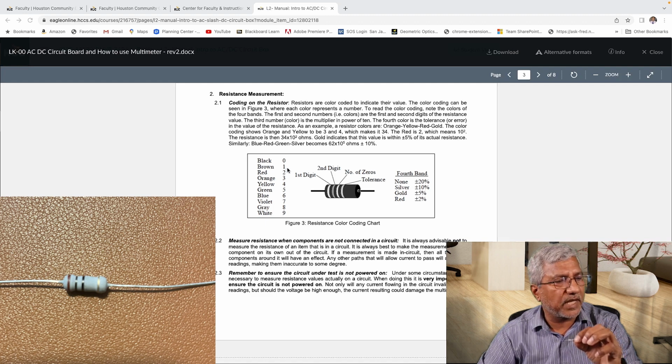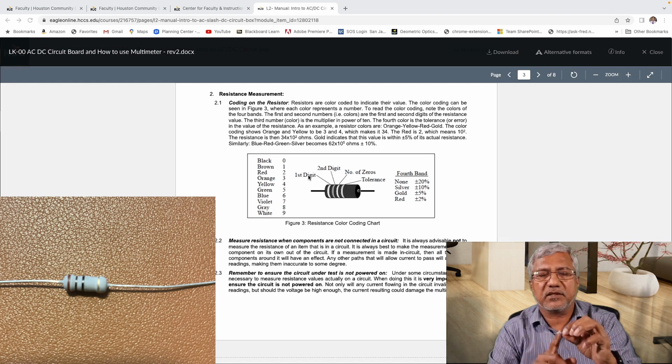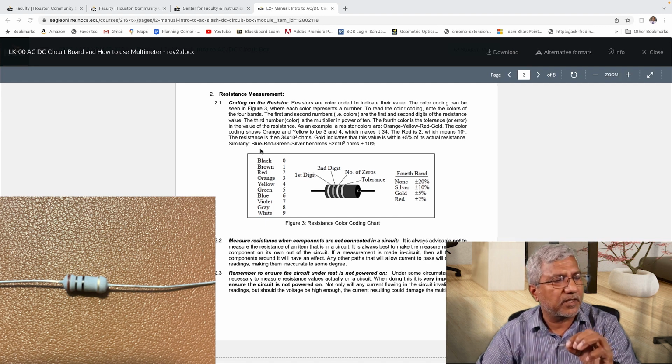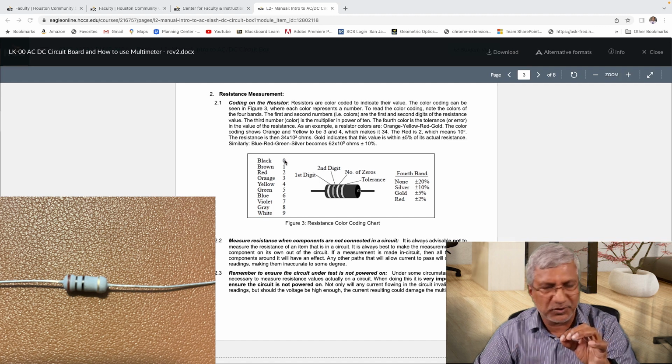Next color is black, so the number is 0. So it's 1, 0, first digit, second digit. For the third color, you put that many zeros. In this case, the third color is also black, which means you put 0 zeros, or in other words, no zero.